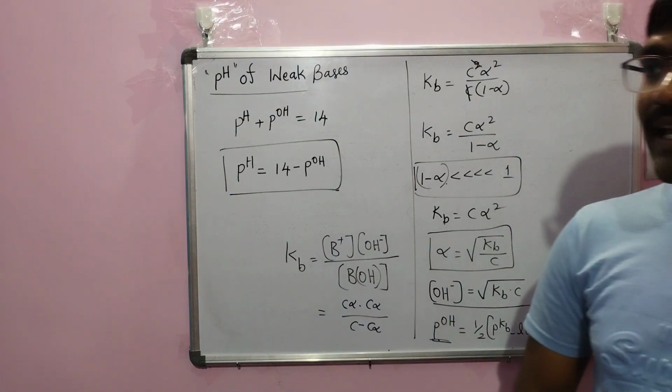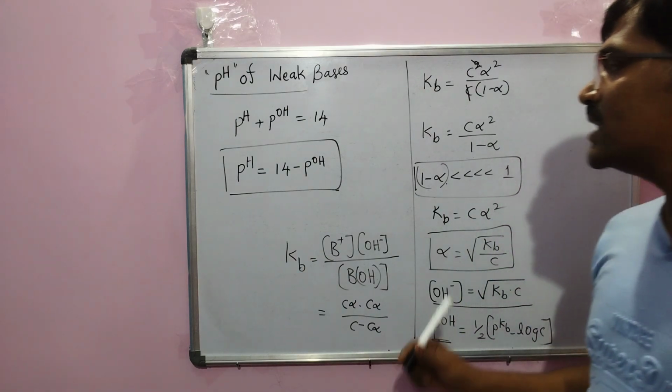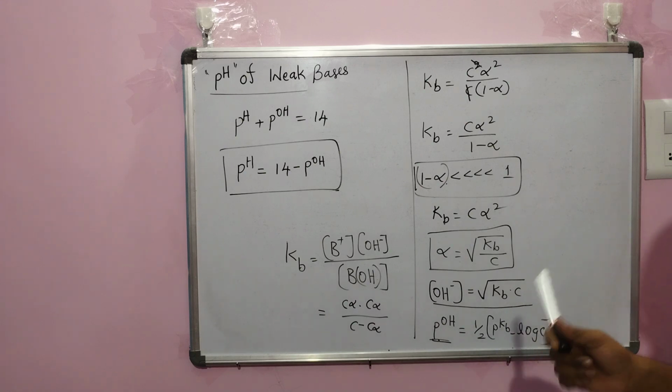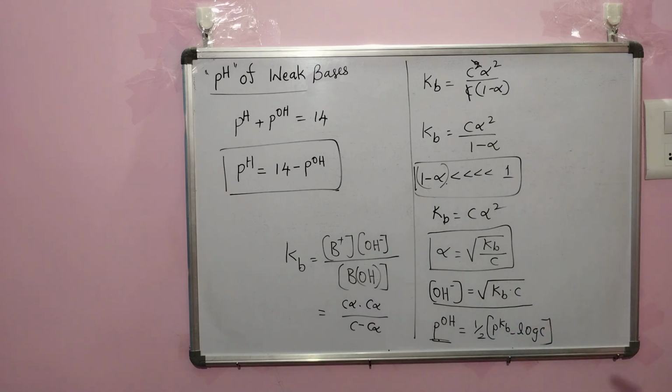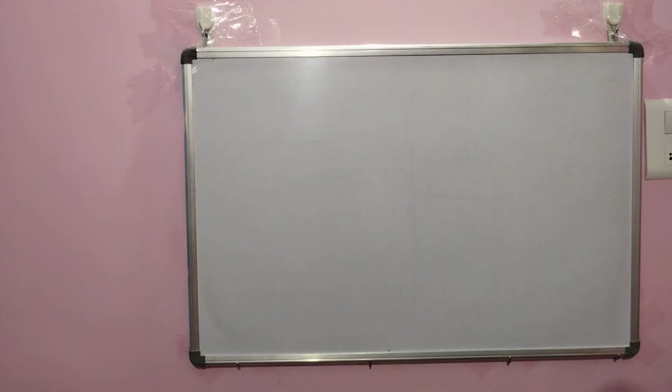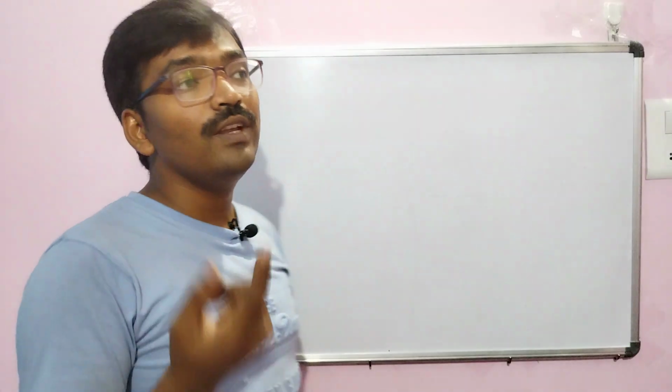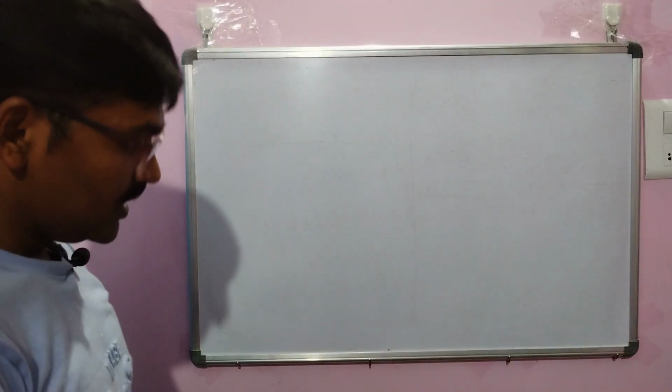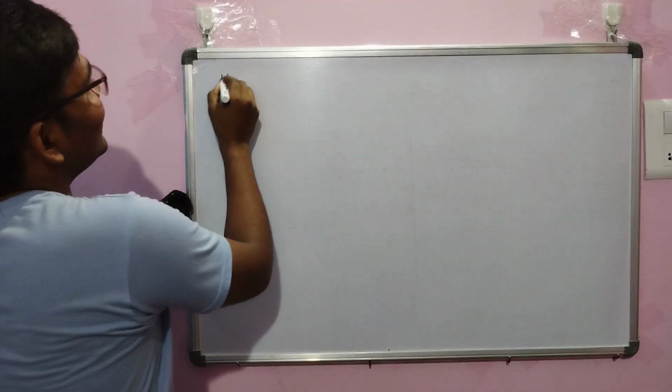Now we can also find the relation between Ka and Kb. Just note it. Now we are going to discuss the relation between Ka and Kb. Actually, what is Ka?